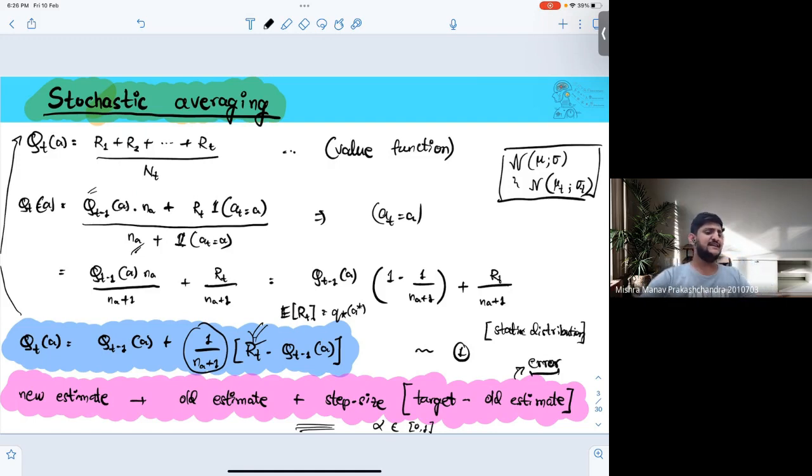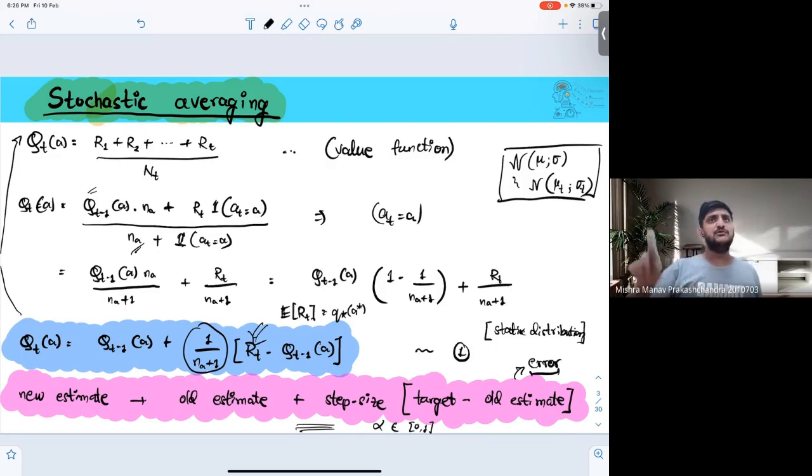The reason we do that is because, let's say I pull the arm one time, that arm pull will get a weightage of alpha. Now if I pull that arm a second time, the second arm pull will get a weight of alpha, but the first arm pull will now get a weight of alpha square. And so on. So the weighted average keeps on decreasing exponentially as the arm pull moves towards the past.